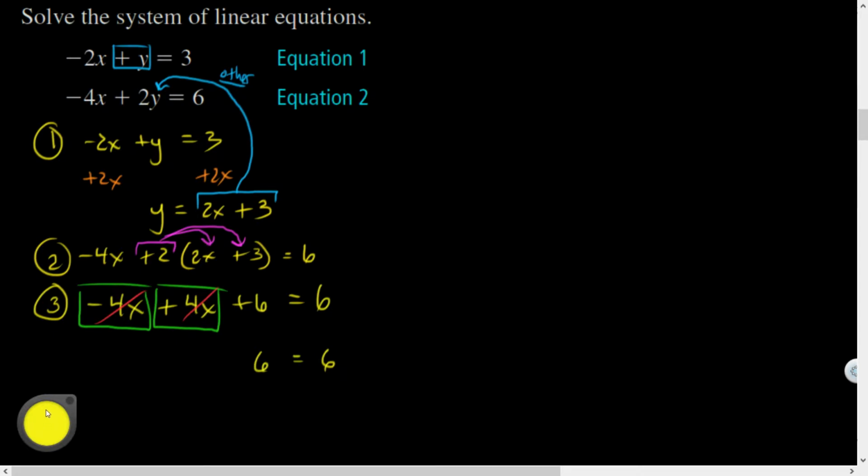Is that a true statement or a false statement? That's true. 6 does equal 6. So because this is true, that tells us there are infinitely many solutions. Okay, that's what that looks like.